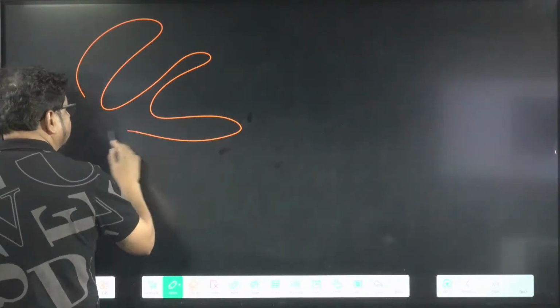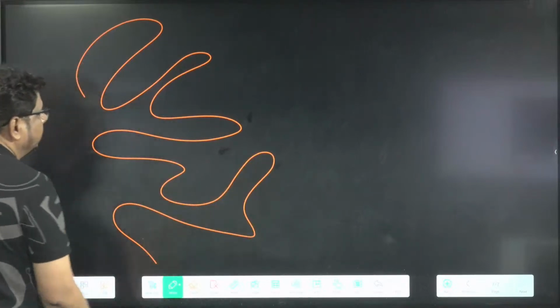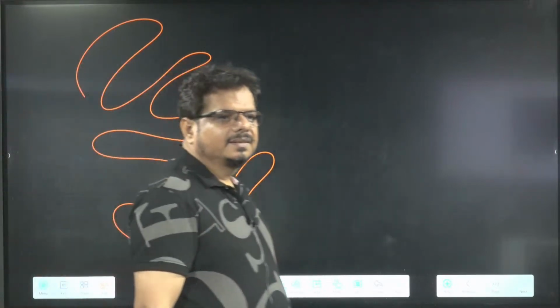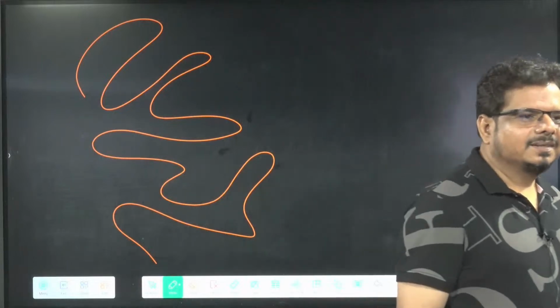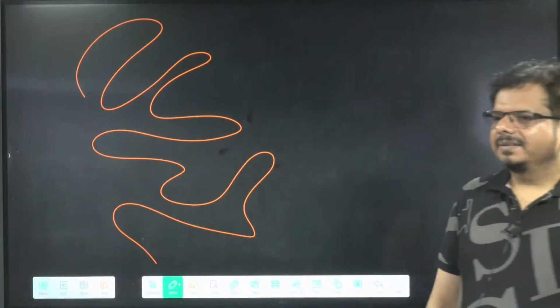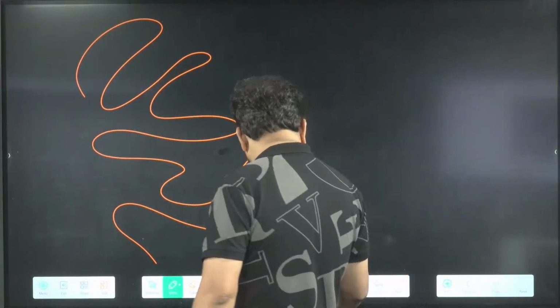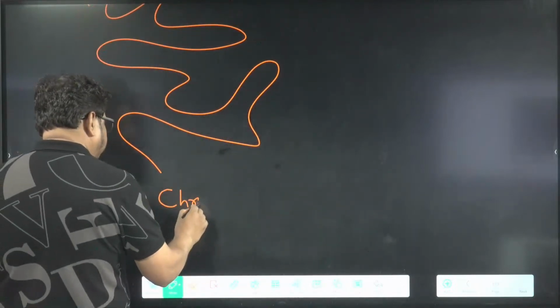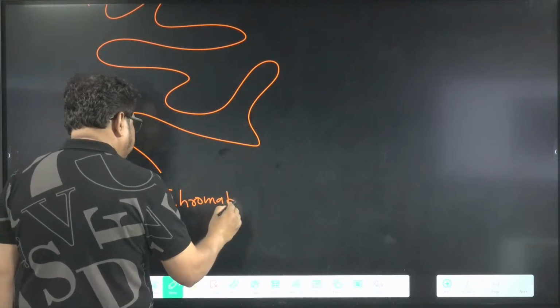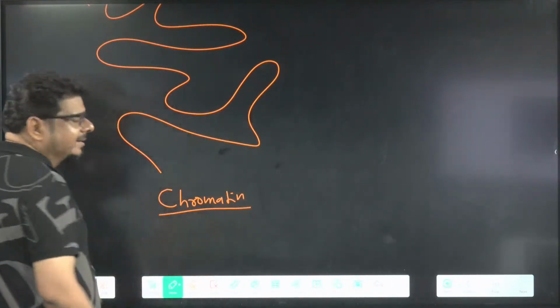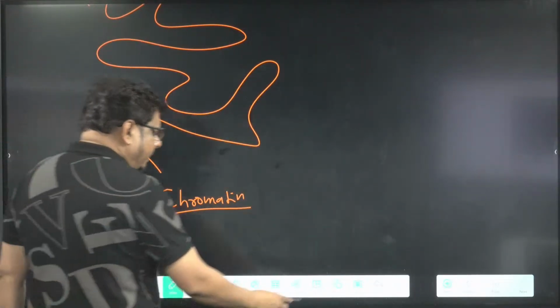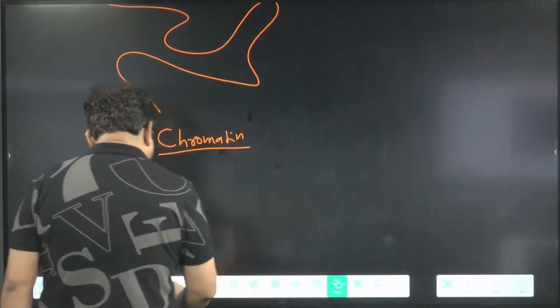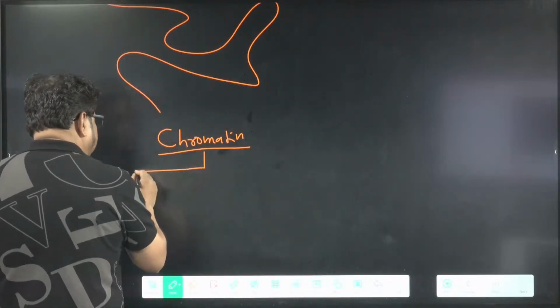What is this? Chromatin. What is this? Chromatin. Understanding the idea? This chromatin is made up of nucleoprotein. So what is present in the chromatin?